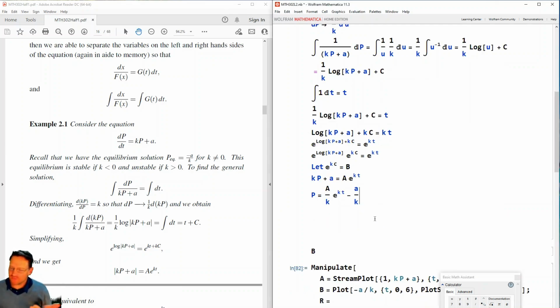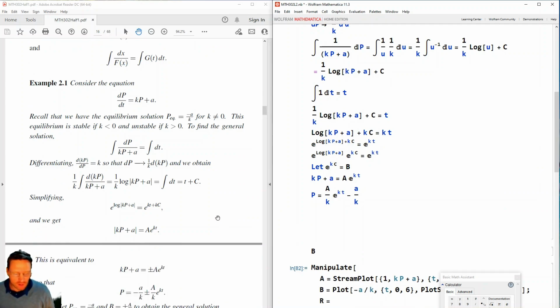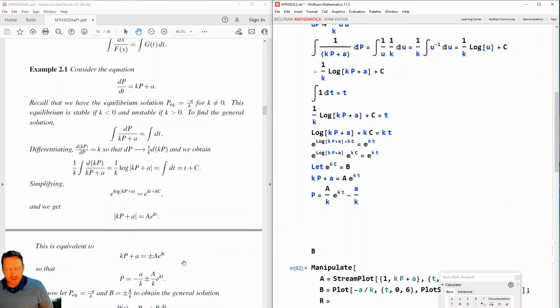So now we have a function of t. So that's what we've got here on the left of the PDF. Except not quite, because you can see we have a plus or minus, because some people, when they take natural logarithms, will take the natural log of the absolute value, because you don't want complex values as the outcome of taking the logarithm.